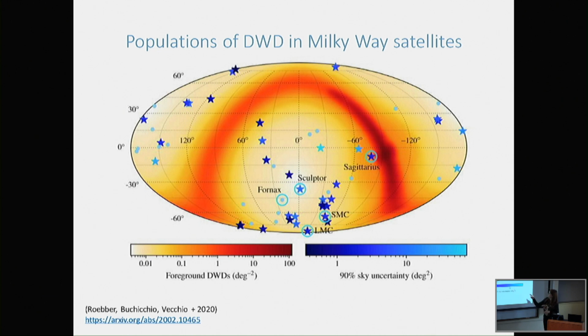So this is the Milky Way disk and the bulge, and the yellowish colors represent the halo. Then what we did is to inject some test binaries in all satellites.